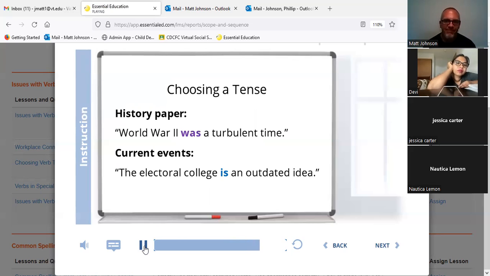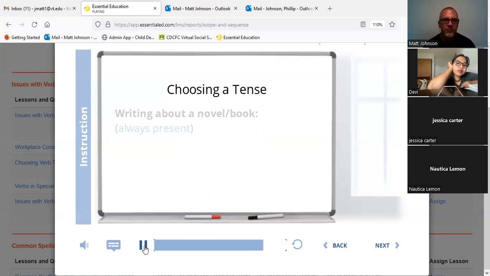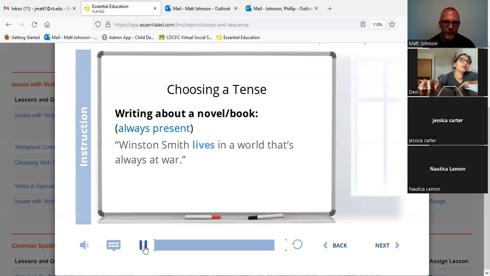One thing to keep in mind when you're writing about a novel or book, write about the content in the present tense. So, if I'm writing about George Orwell's book 1984, I might write, Winston Smith lives in a world that's always at war. It's like the content of the book is never in the past. It never changes. It's in the present.